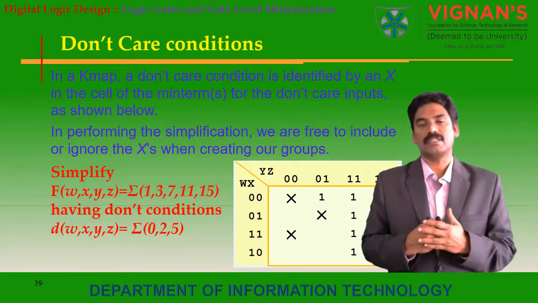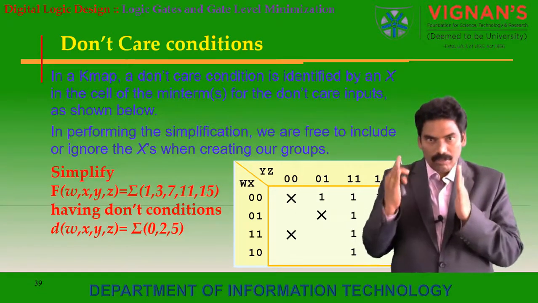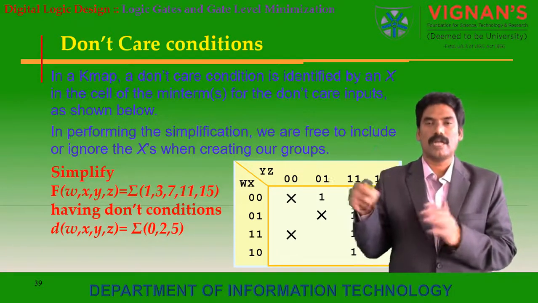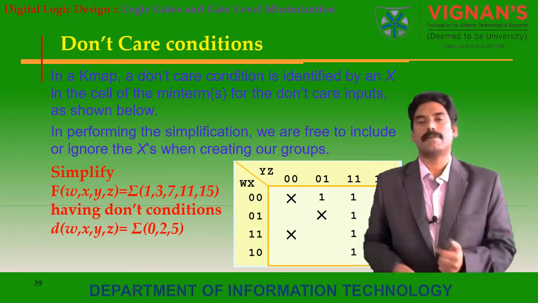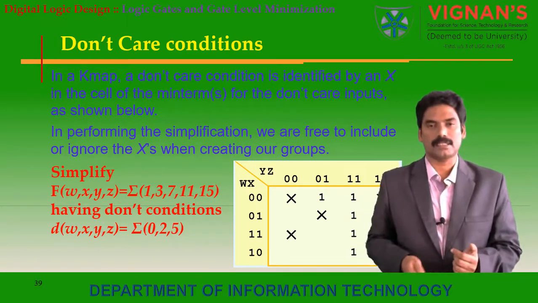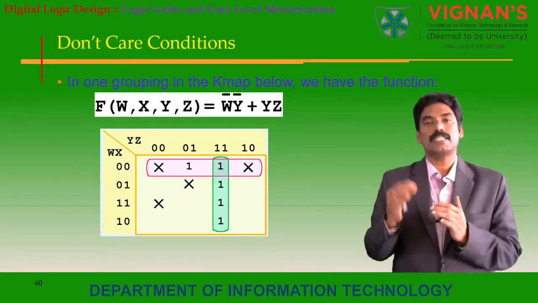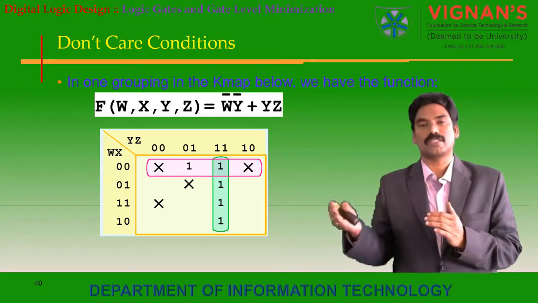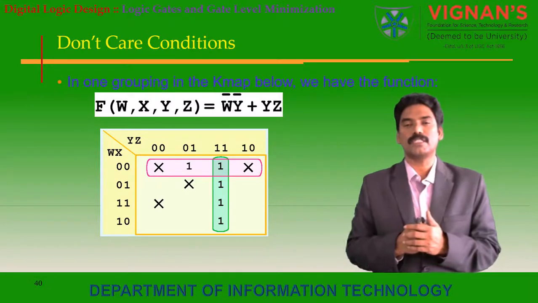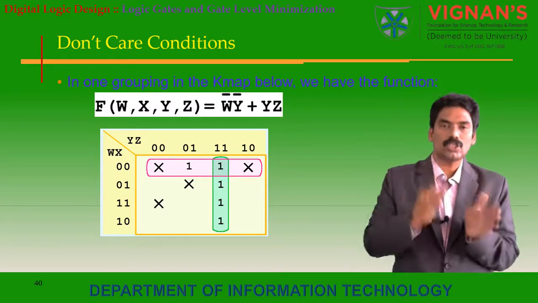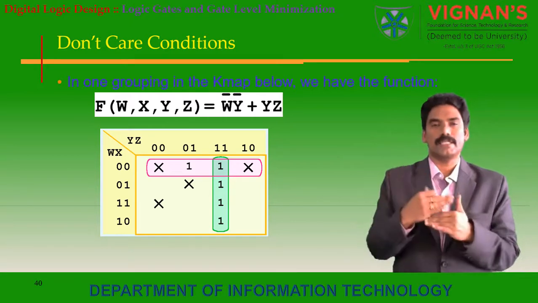So for the sum of products we are using ones, and for don't cares we map X into the K-map. In one grouping of the K-map below we have the function. If you consider this one, we are considering 0 and 2 as don't care conditions.